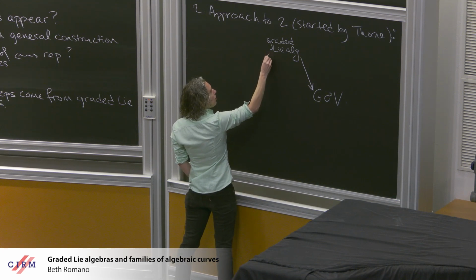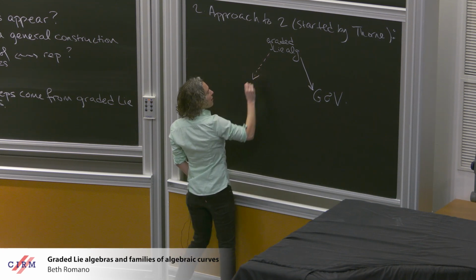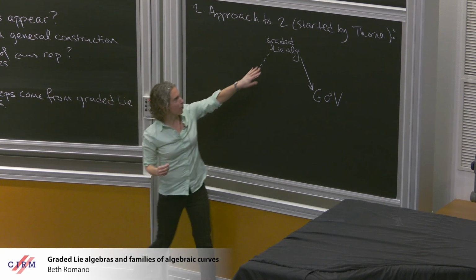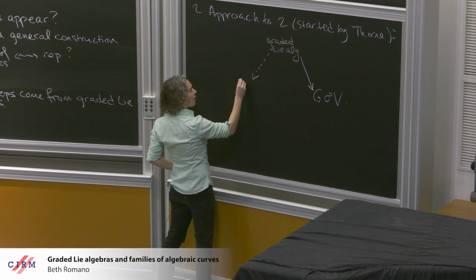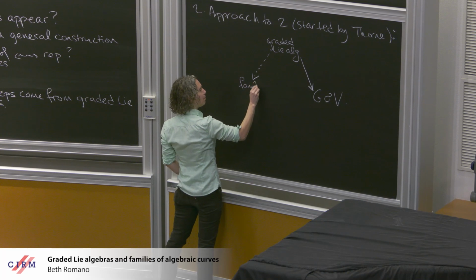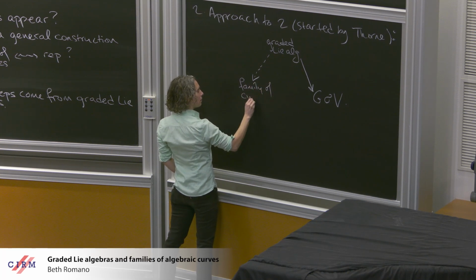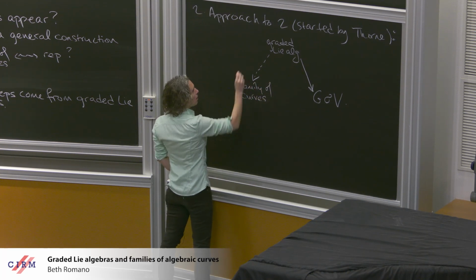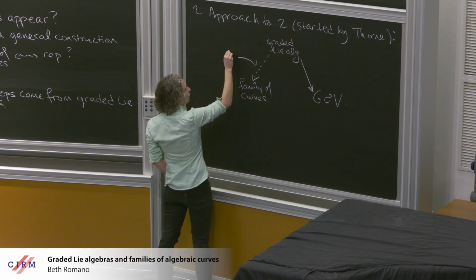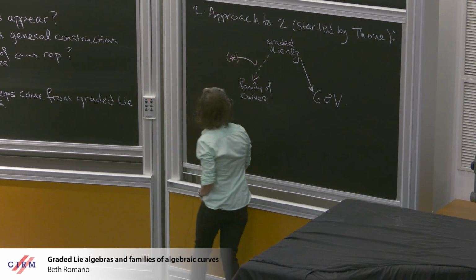And what Thorne started was to construct this other arrow, which starts from a graded Lie algebra and constructs a family of curves. This arrow will be the main focus of the talk.